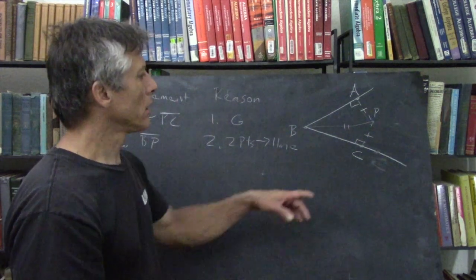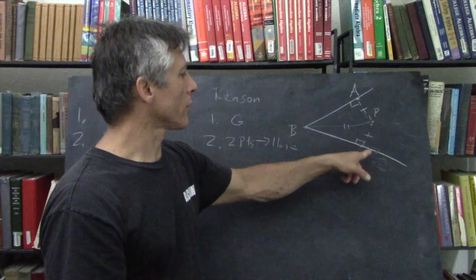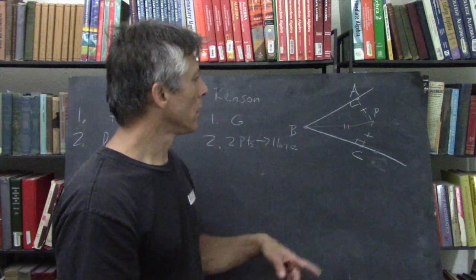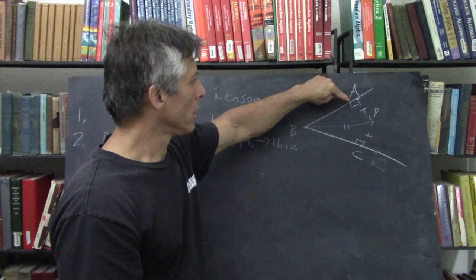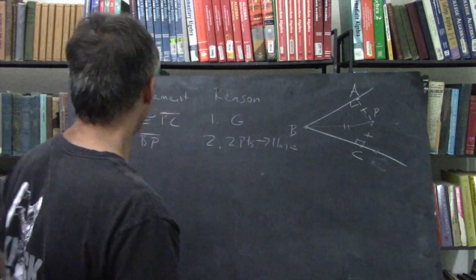Okay, so remember that since we're dealing with distance from a line, we know we've got the perpendicular. So we know that that's a right angle and that's a right angle.